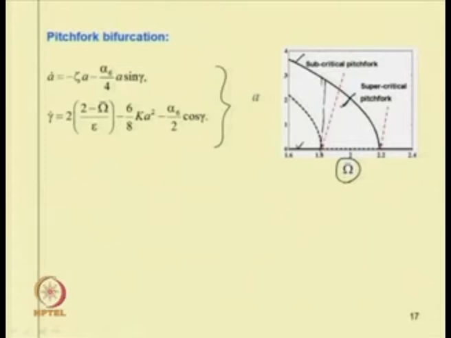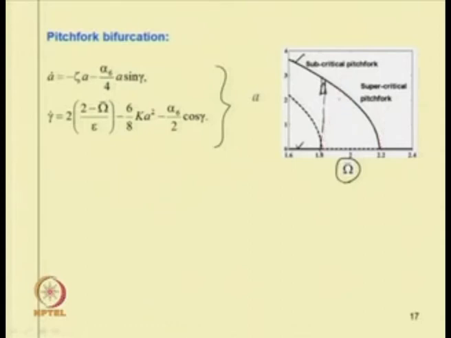So, by increasing the frequency from 1.6 to 1.8, if initially the response is trivial, then at 1.8 with a slight increase in frequency, there will be a jump up phenomenon, and the system response will jump from this trivial state to this non-trivial state, and with further increase, it will follow this path.